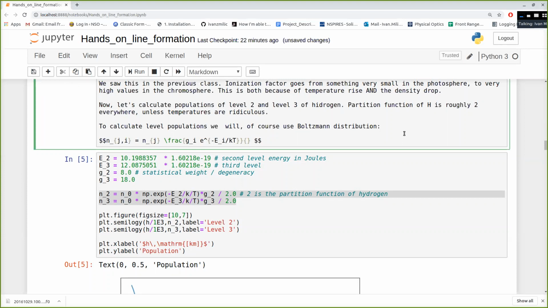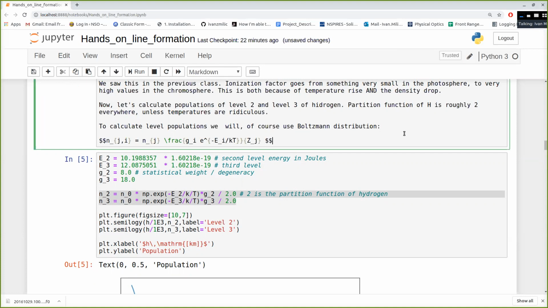How did we denote the partition function? Can somebody remind me? Z. Okay, Z sounds good, Momo.